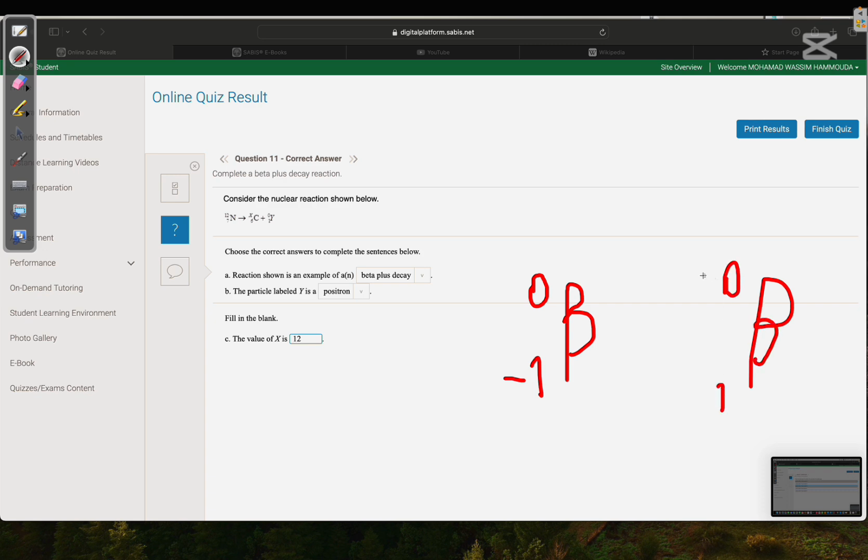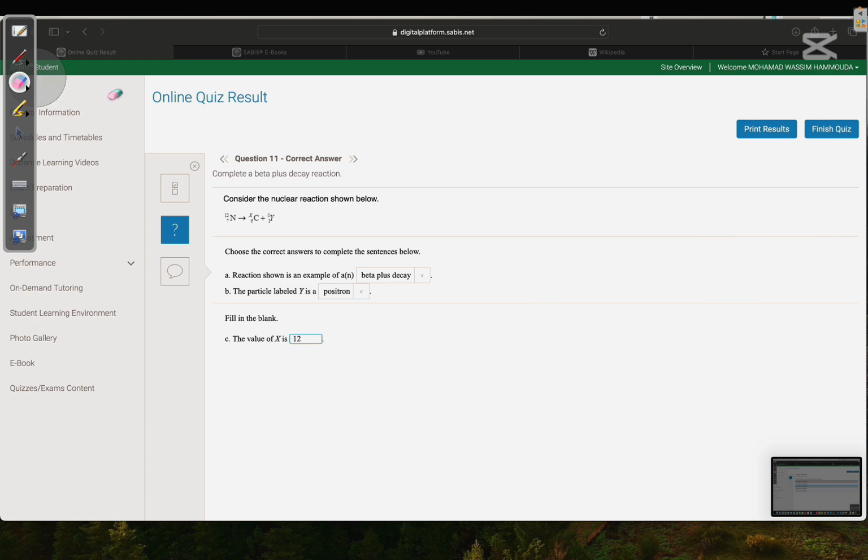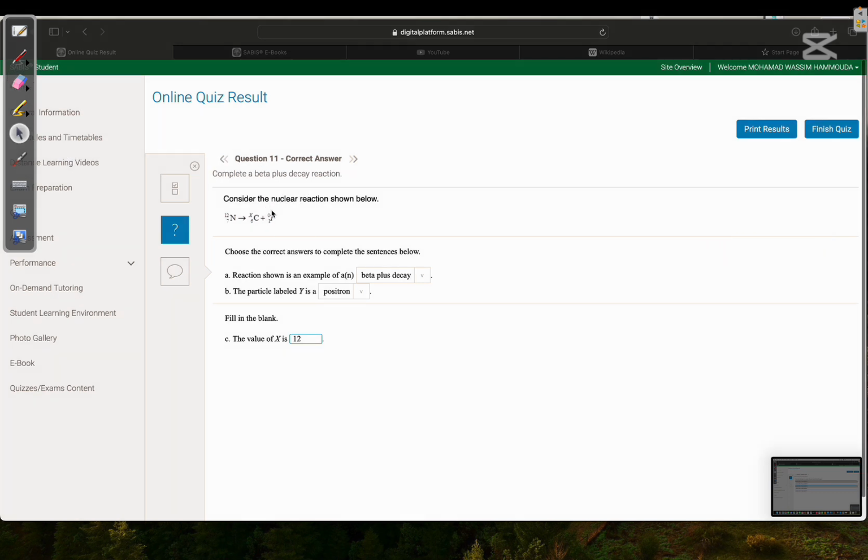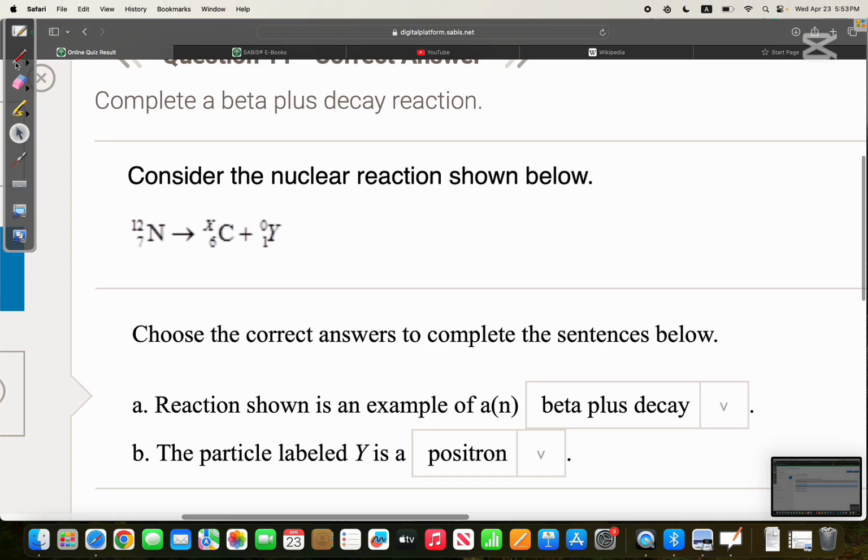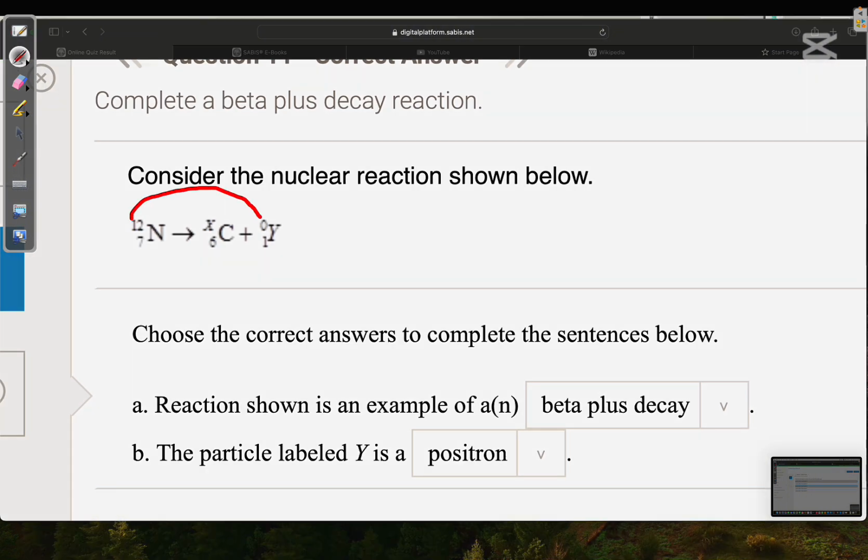We recognize it's a beta plus and a positron because it's positively charged. The value of X would be 12 minus 0, which gives us 12.